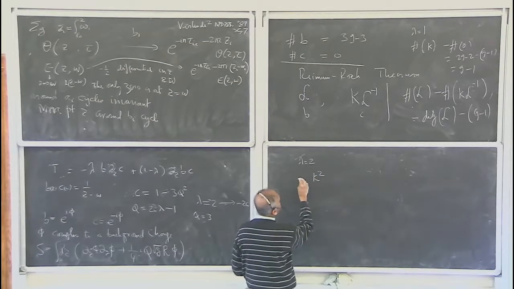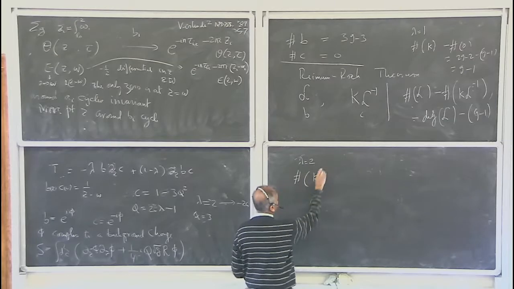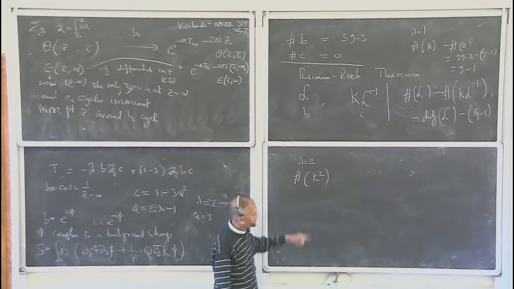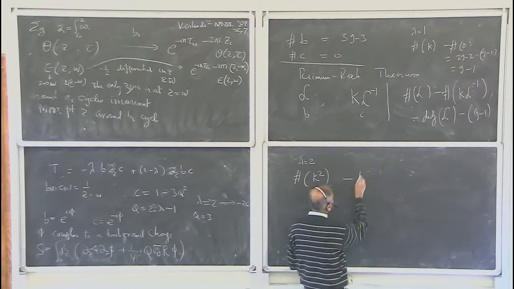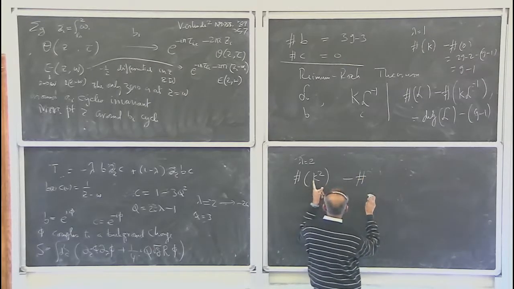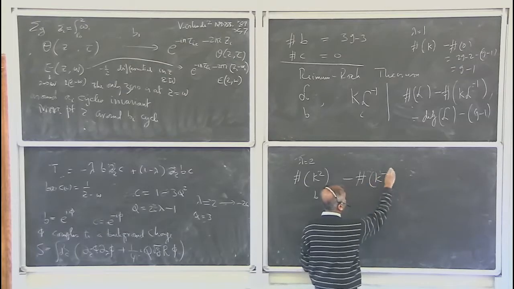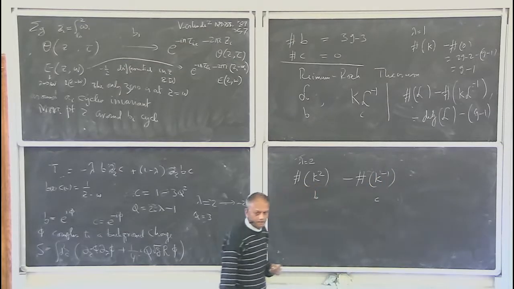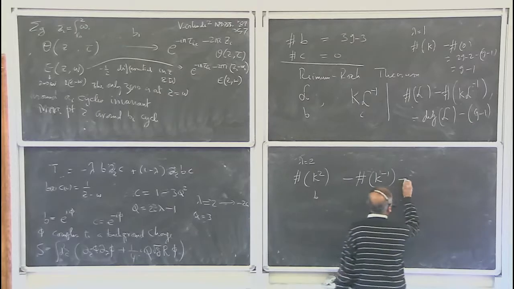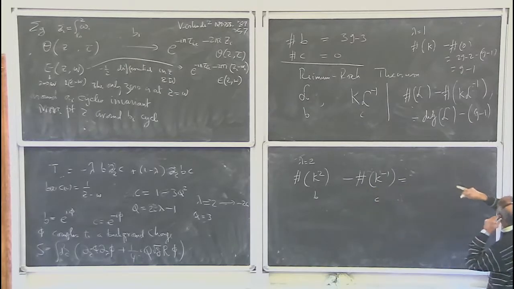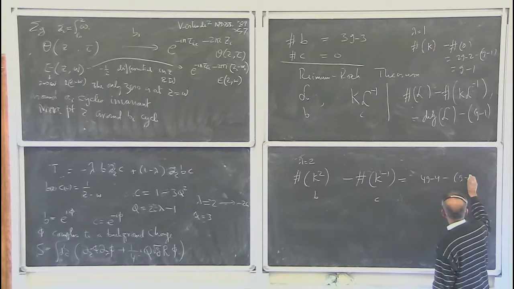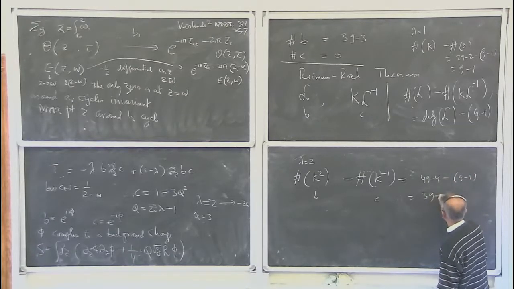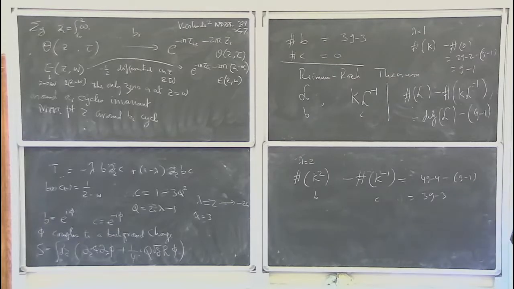This is the number of zero modes of quadratic differentials, which I'll call b, minus the number of zero modes of K times K, so this is K inverse, which I'll call c. That's equal to 4G minus 4 minus G minus 1, which is equal to 3G minus 3. So this gives you the difference between these two.